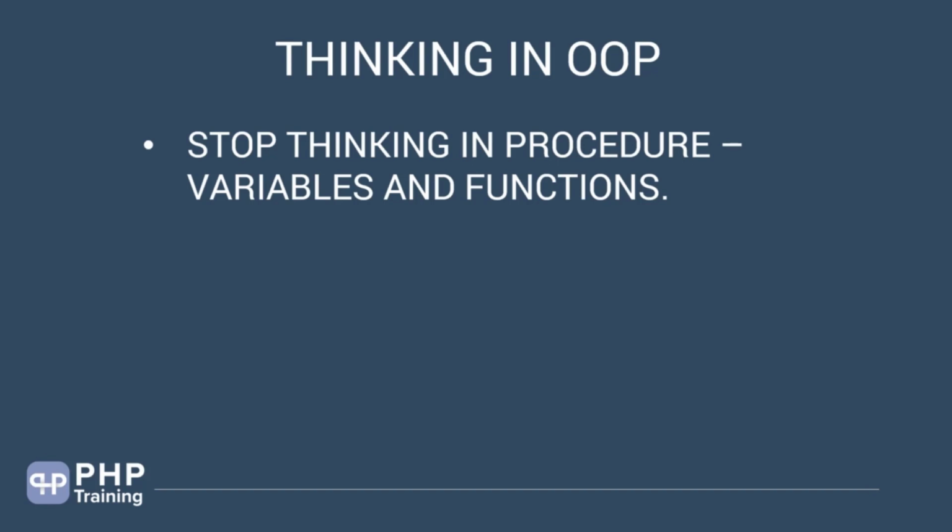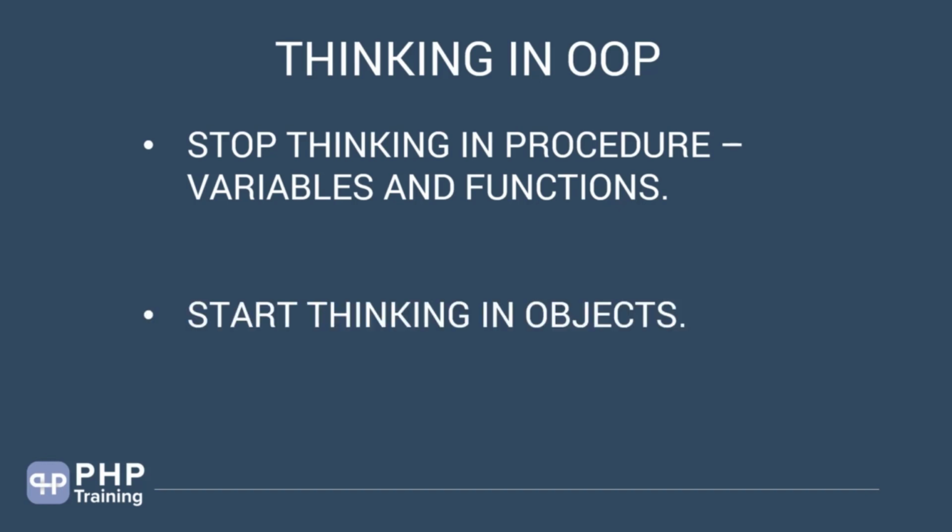When you define a function, we will not call it a function. That's because the naming convention in OOPs for variables and functions is different. In OOPs, variables are called properties and functions are called methods. So we will completely change our lingo in how we talk in OOPs, and how we will start thinking in OOPs, right? Start thinking in objects.